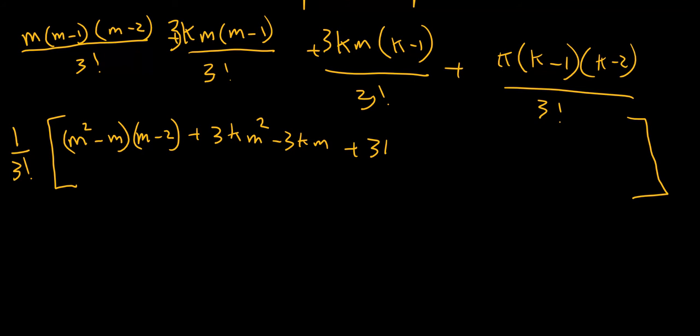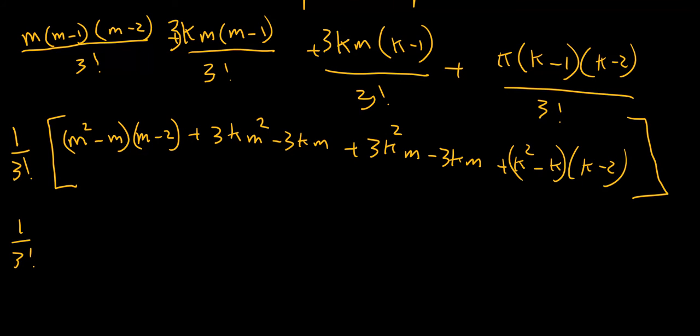Here we have 3k squared m subtract 3km. And at the end we have k squared subtract k subtract 2. Okay, so here we're going to get m squared minus 2m squared.